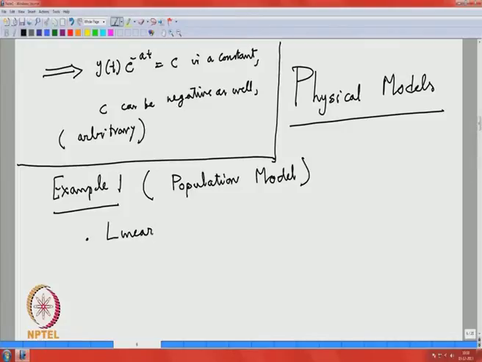So, we will start with the linear model, and then we will see that the linear model is not always a good model. Then we will go to one of the famous non-linear models given by a biologist, we will come to that.